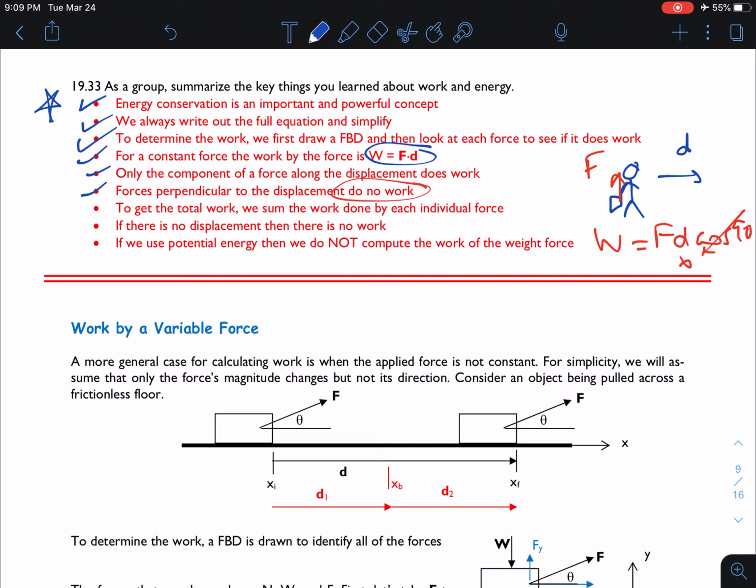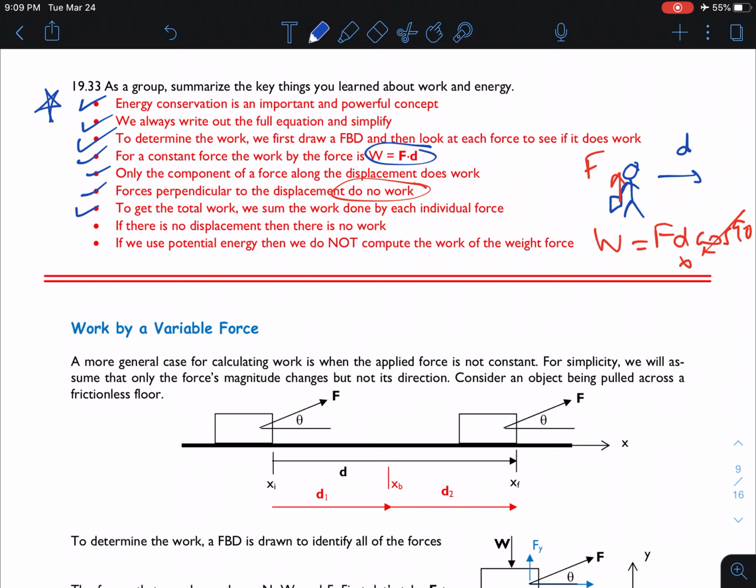But usually in the problems, especially in this chapter, they ask you to find the work done by gravity, the normal force, the applied force, tension force, all those forces. So you probably already have the individual work done, and you just need to add them up to find the net work. The sum goes into the energy conservation. We are going to work on that again, and hopefully in a few more examples it will be more clear.